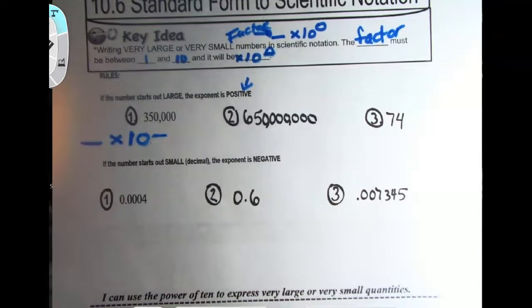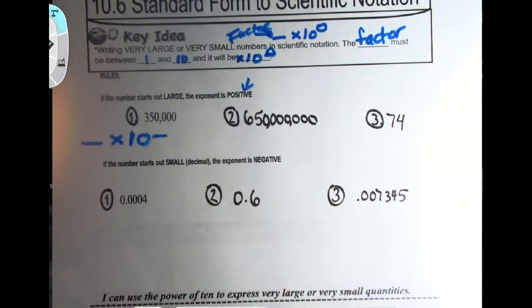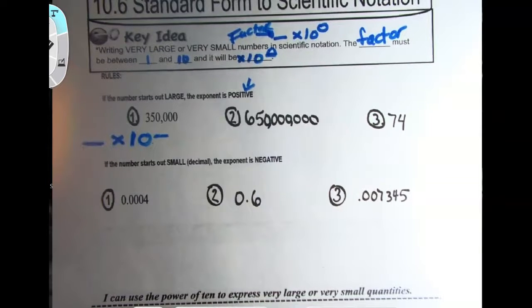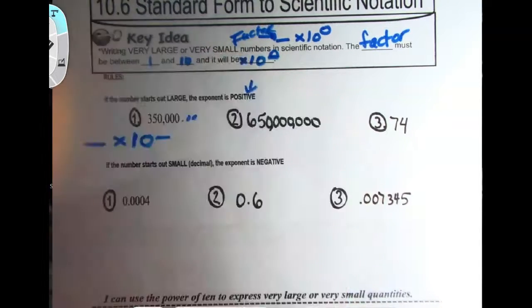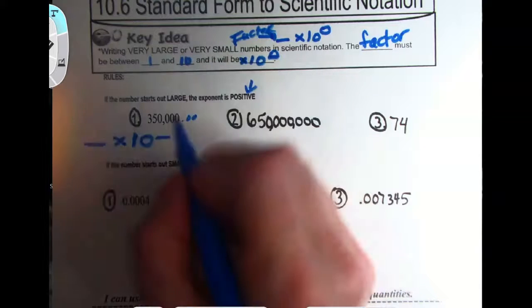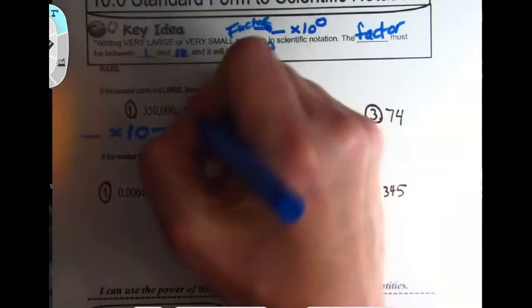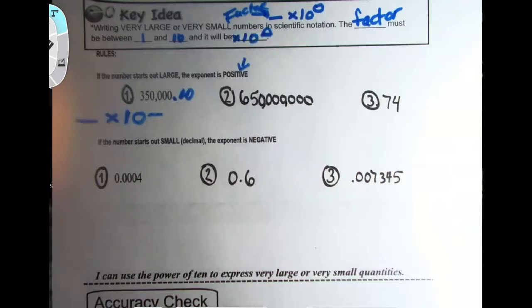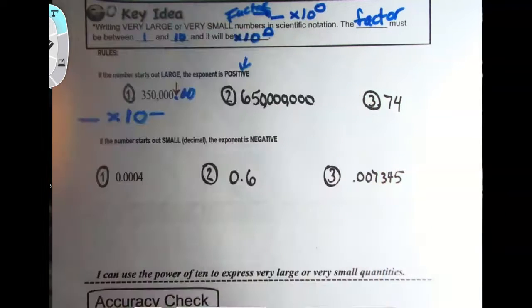Then we see this number here, 350,000. I don't see a decimal point in here, but if I made this money, the decimal point would actually be right here at the end. That's what happens with very large numbers. The decimal point is always at the end, or farthest to the right.